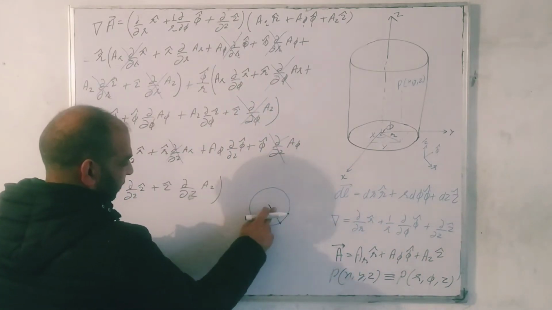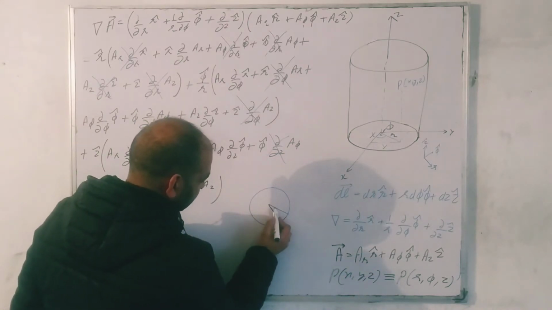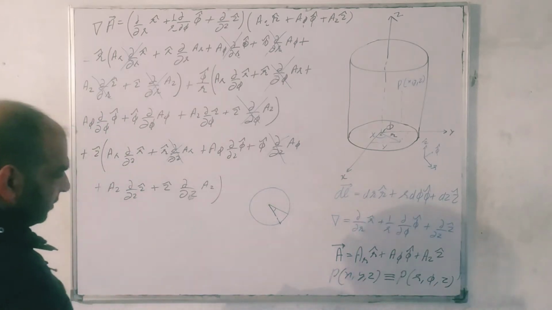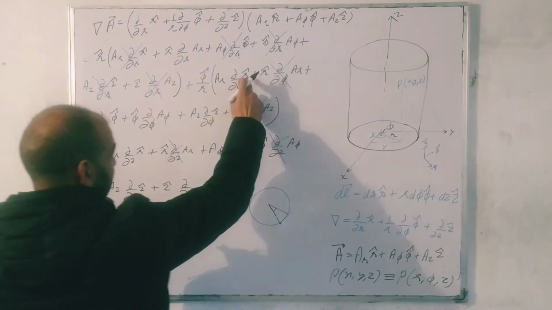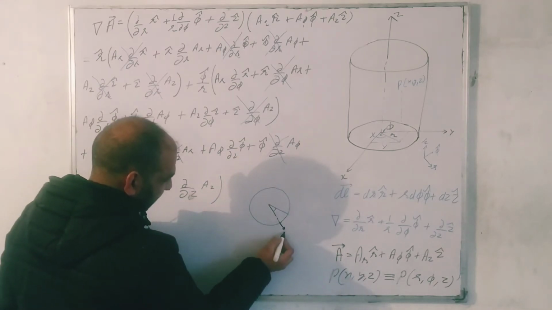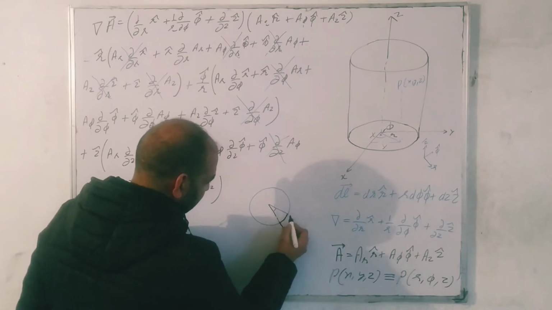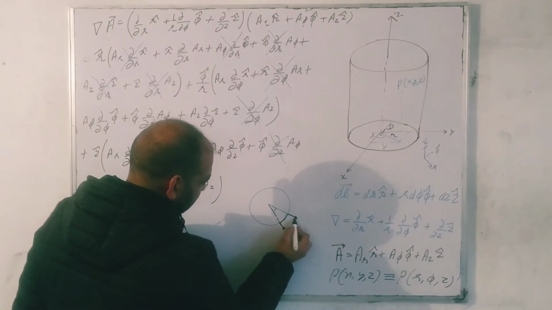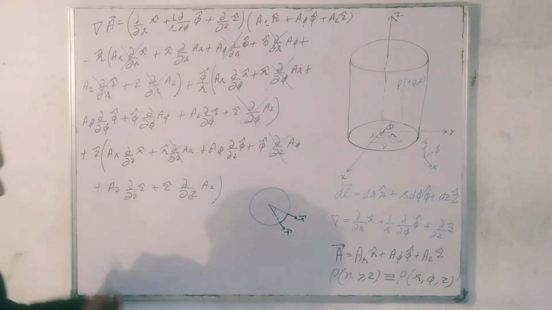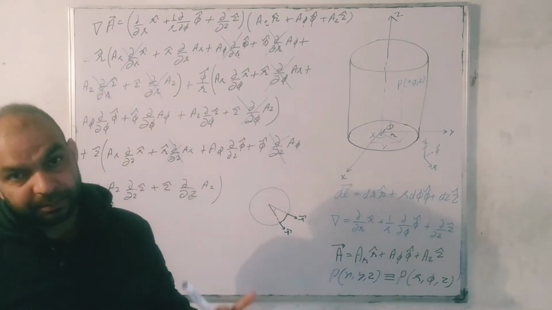Suppose we change phi from here to here. This is the change in phi. At this point R cap is in this direction. When we change phi from here to here, R cap is in this direction. So there is a change in R cap.